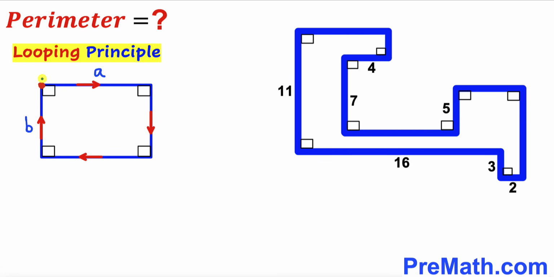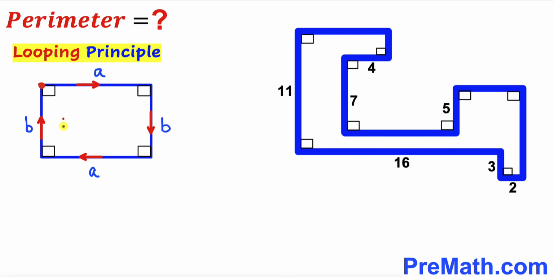So therefore we can see if this segment length is lowercase a, then this side is going to be lowercase a as well, even though their directions are opposite. And likewise, if this side length is lowercase b, then this side length has got to be lowercase b as well, even though their directions are opposite as well.